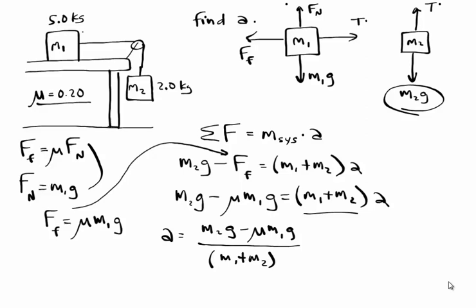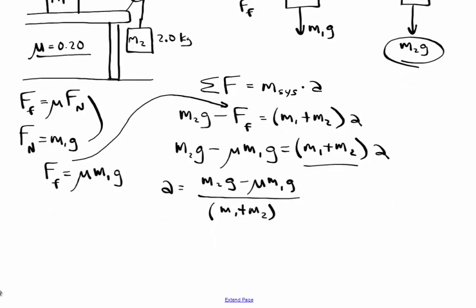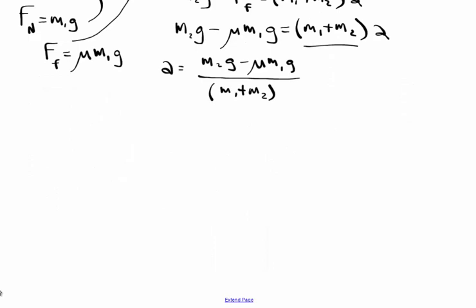Okay, now let's play with this a little bit. I'm going to extend this up. And one thing that I'm seeing here is that I can factor g out of the top, and I'm going to get that the acceleration is equal to (m2 minus mu m1) times g all over (m1 plus m2).